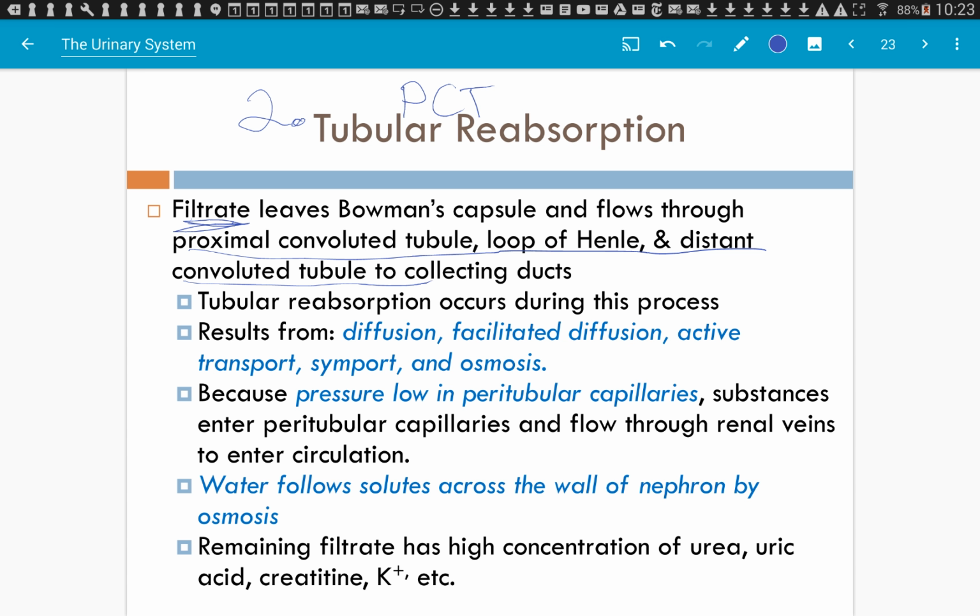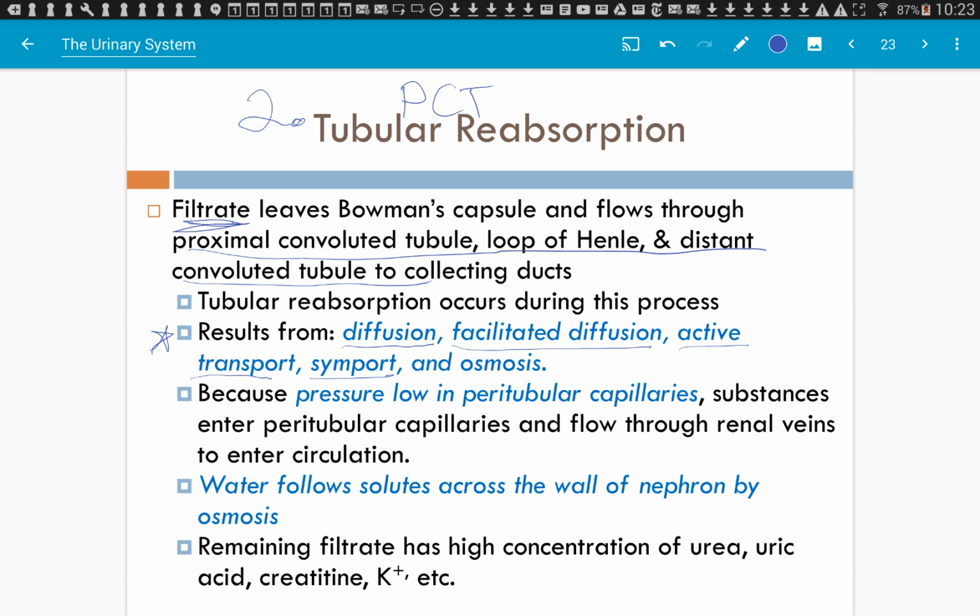Okay? So tubular reabsorption can happen by many different mechanisms. So right here, diffusion. Diffusion is a passive process. Facilitated diffusion also can be passive. Active transport uses ATP.